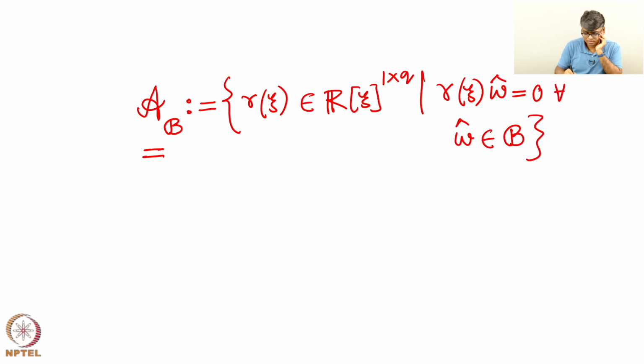The annihilator set is a submodule of R(ξ) to the 1 cross q. Can you check that?